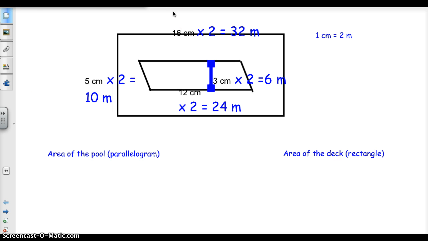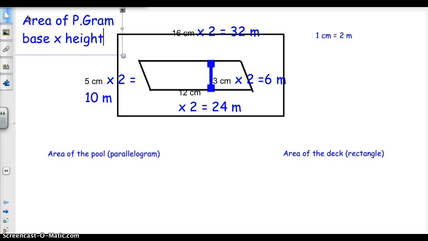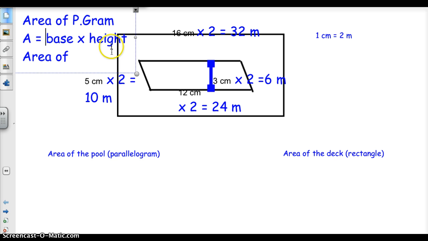And let's talk about what our different equations are. Area of a parallelogram, so I'll call it a p-gram, equals base times height. I'll make a capital A for area, and base times height, B times H. Awesome.